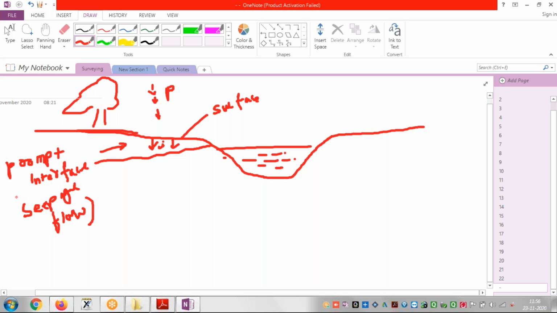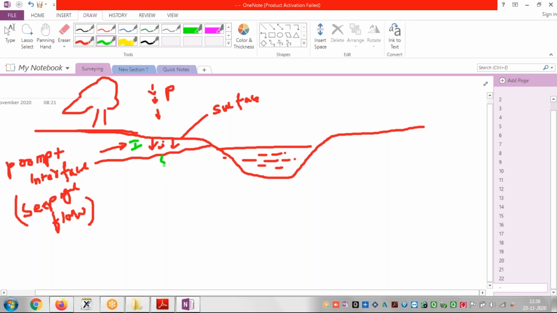Now what happens? As rainfall occurs, some of the part goes into the soil. In general we say this process is infiltration, I, right? But in detail, when this water is just near the surface of the earth, it is called prompt interflow.